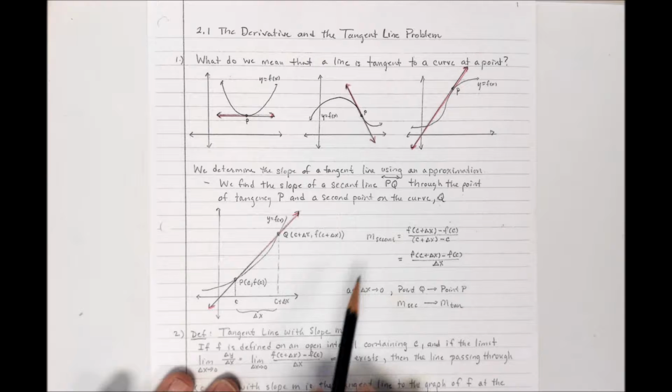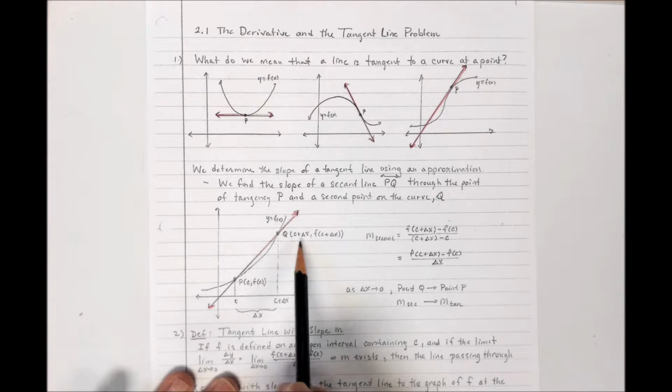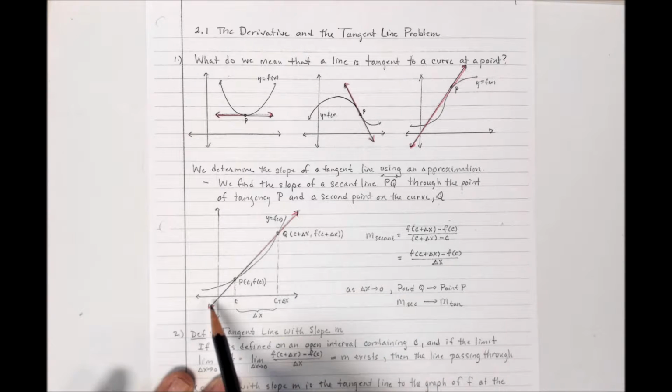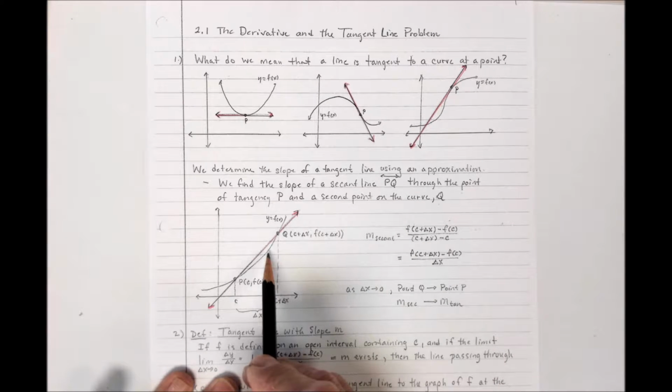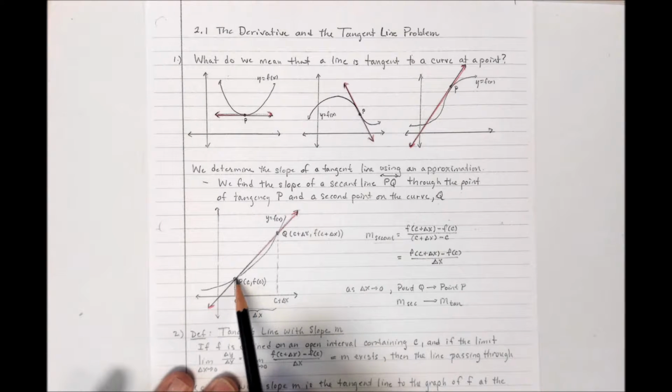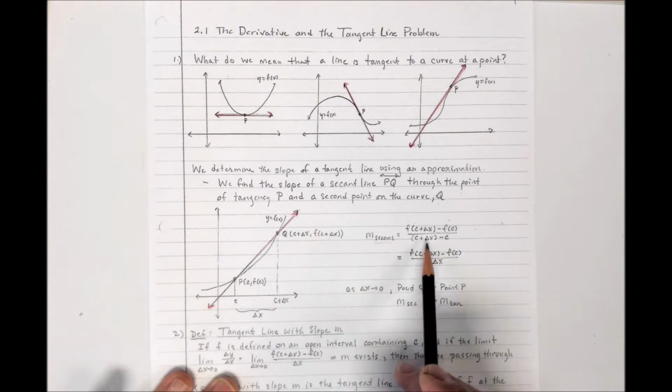But what I have here is point Q, which is the point (c plus delta x, f of c plus delta x). And if I draw this red line here, it's not a tangent line, it is a secant line, the secant line PQ. Now I can find the slope of a secant line because I have two points, point P and point Q. So I'm going to take f of c plus delta x minus f of c, over c plus delta x minus c.